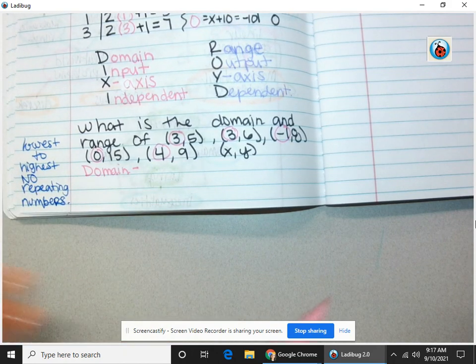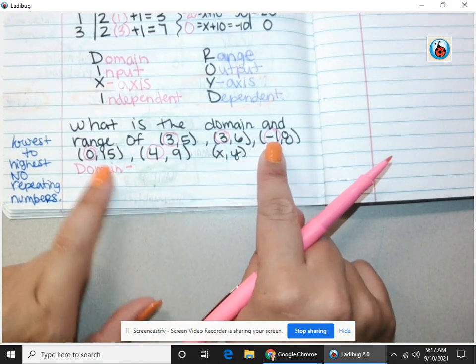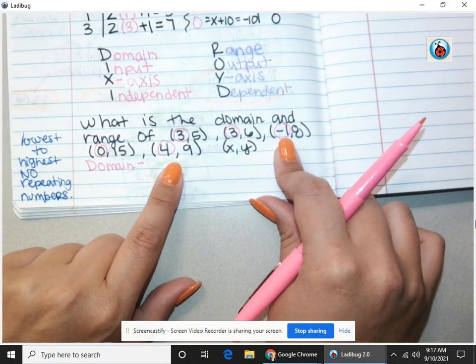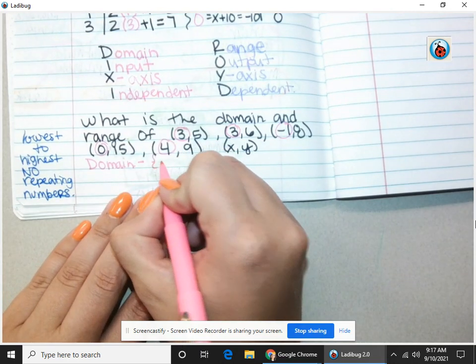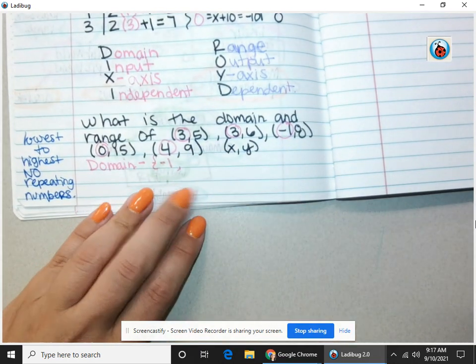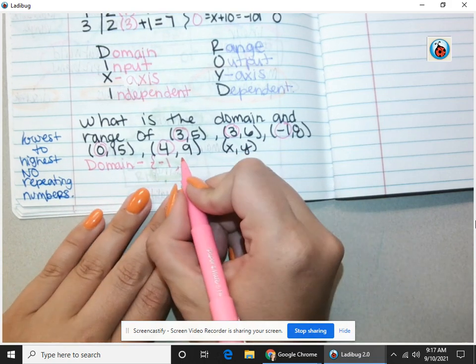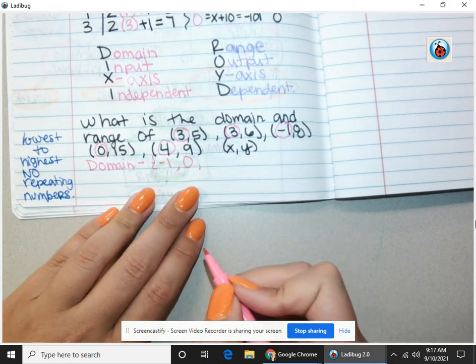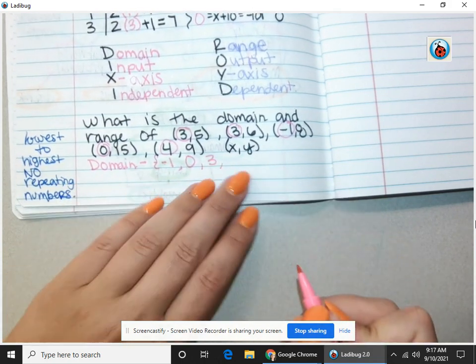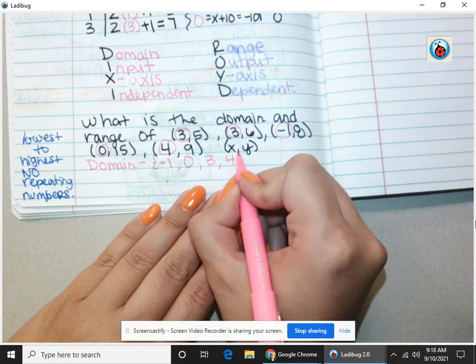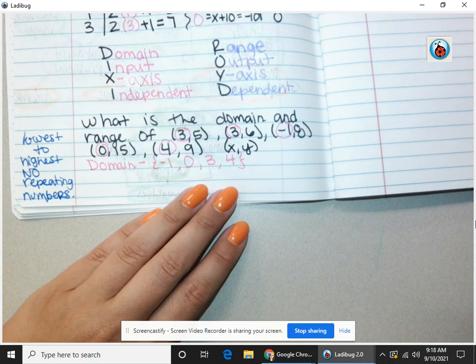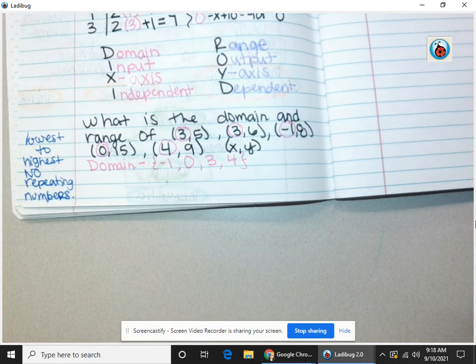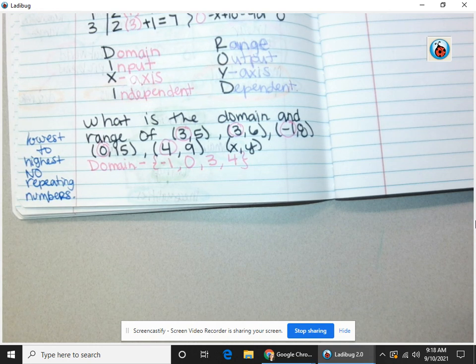So looking at these, I've got 3, negative 1, 0, and 4. What's my lowest? Negative 1. Then what's my next lowest? 0. And my next lowest? 3. And my next lowest? 4. We cannot repeat the 3 that we already have. Are there any questions with any of that?